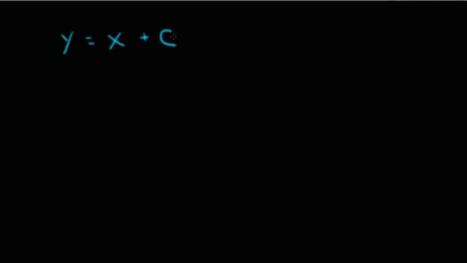Theoretically, the c could be an integer like 3. It could be square root of 8, for a radical. It can be any number, really. It could be your constant.